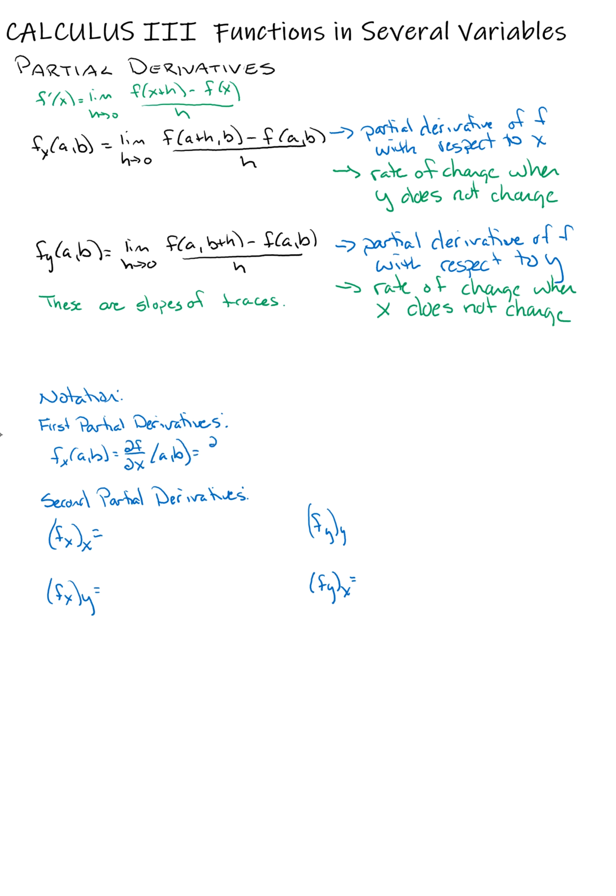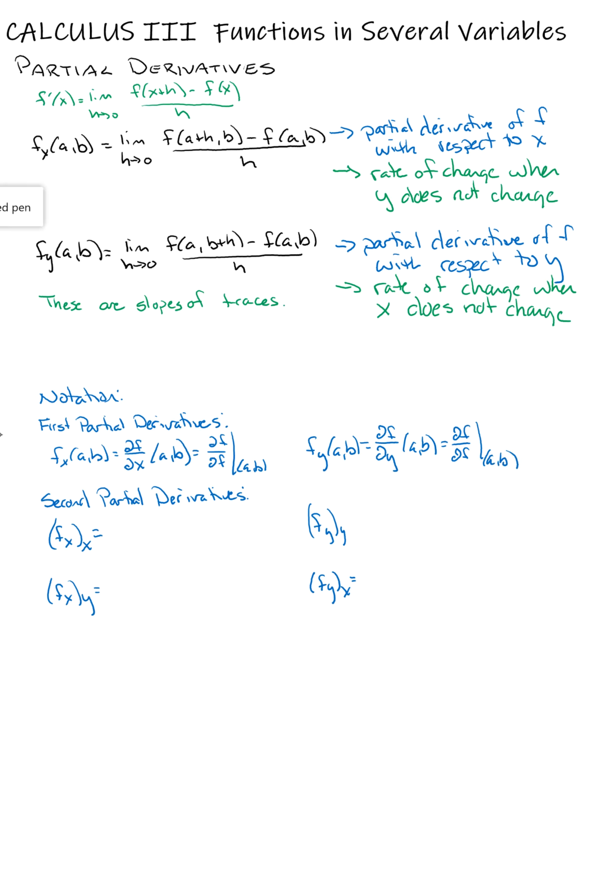Remember, you can also make that a little clearer. That evaluating at a, b, I could use this notation. The first partial with respect to y, notice we'll be changing that to a y in the denominator. And again, you could write it with the vertical line being evaluated at the point.